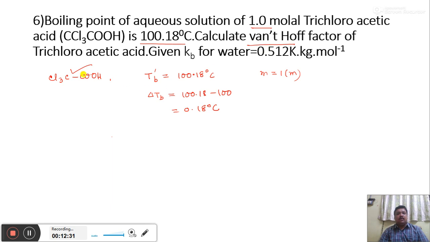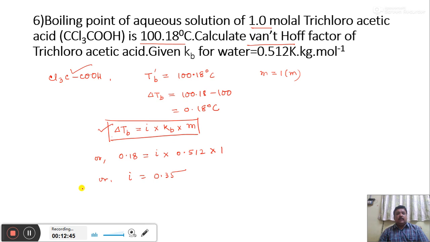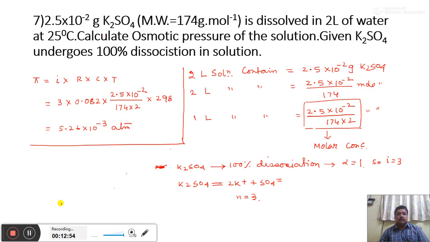Calculate the Van't Hoff factor of the trichloroacetic acid. Now we know del TB is i into Kb into m. Putting the values of del TB, Kb and m, we get the value of i is 0.35. It is the Van't Hoff factor of trichloroacetic acid.